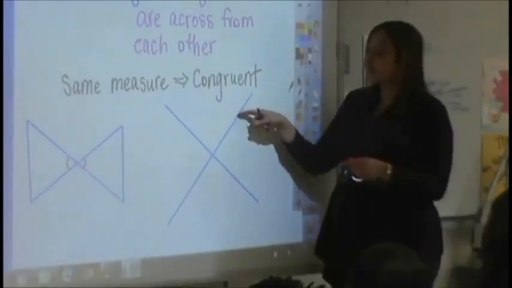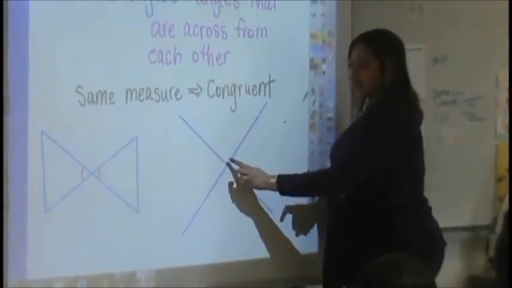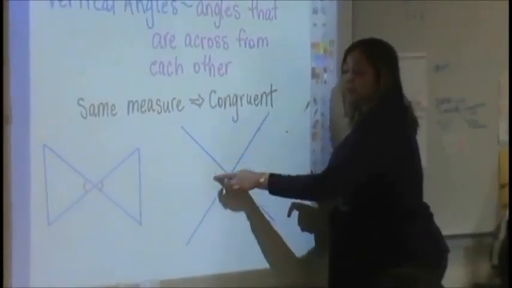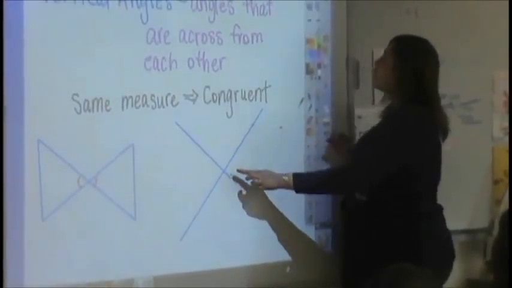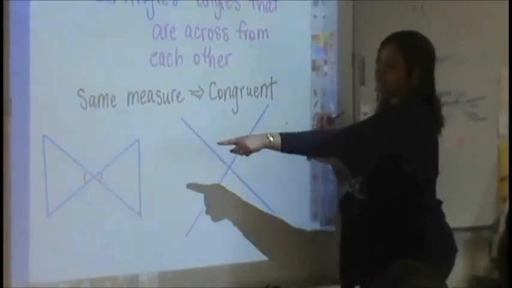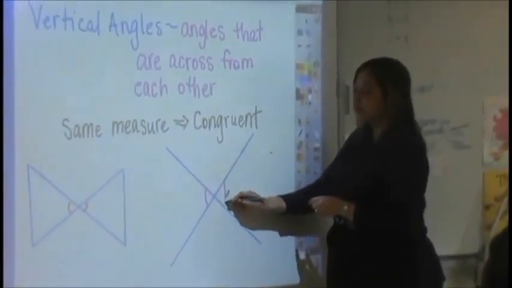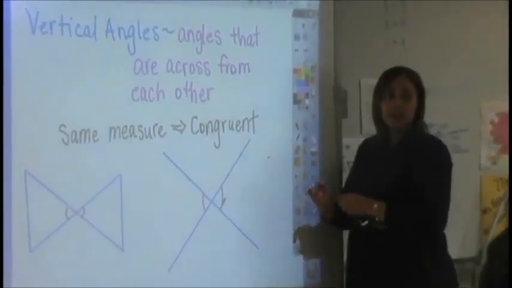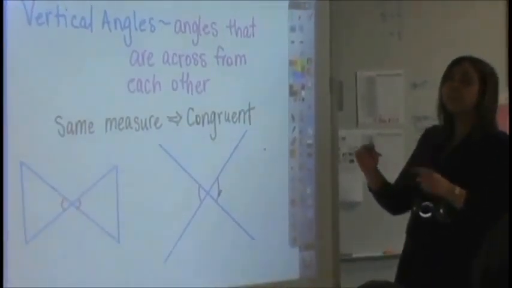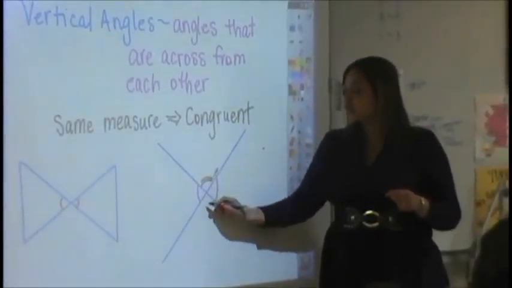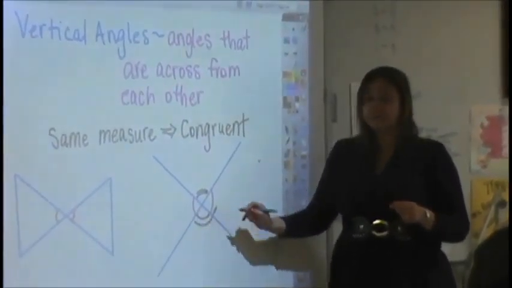Okay? Where these two lines meet and create these 4 angles, this is where my vertical angles are. Okay? So anytime this happens, we've already said that the left is going to be equal to the right, but I'm also going to have up and down. The top is going to be congruent to the bottom.